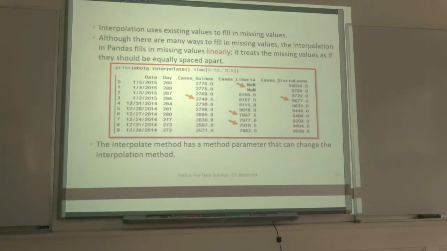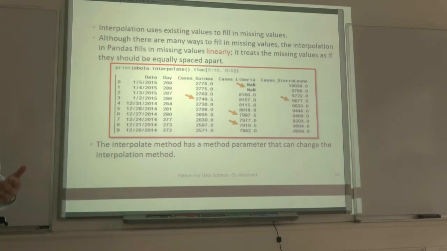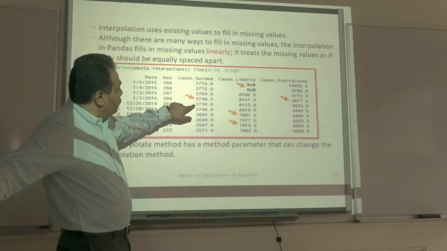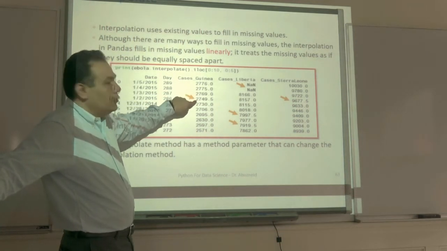Okay, there is interpolate. And this is very interesting. Interpolation, the third way, uses existing values to fill the missing values. Basically you try to calculate the average between the next one and the previous one. So you take this and this, add them, divide by 2, and put the value in here.